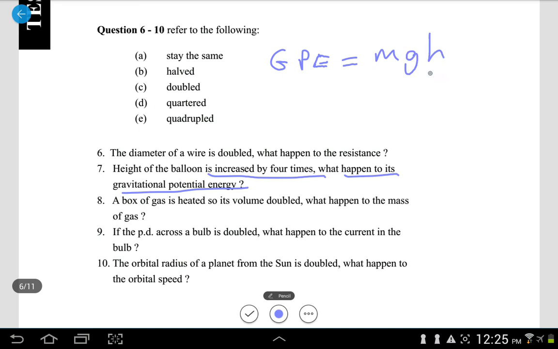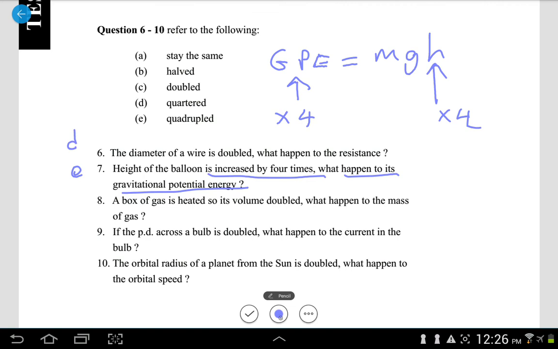Now, if the height increased by 4 times, let's say M and G didn't change because they didn't tell anything about a change in mass or gravitational force. Now, this will also increase by 4 times. So in this case, the answer will be quadrupled. The answer for this is E. So for number 6, the answer is D. Number 7, the answer is E.